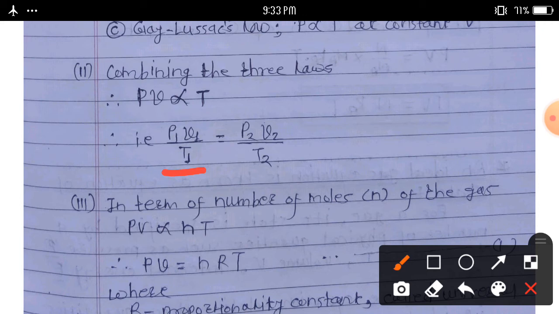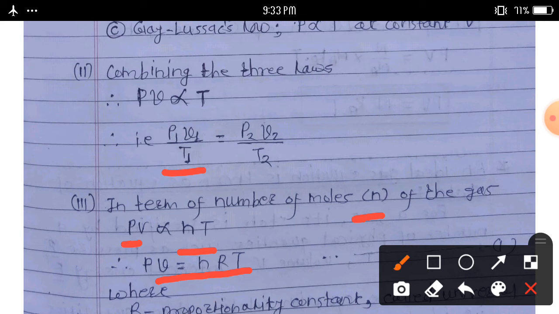In terms of number of moles, suppose we consider the number of moles of the gas as small n, this becomes PV directly proportional to nT. Then removing the proportionality sign, we can write PV = nRT.